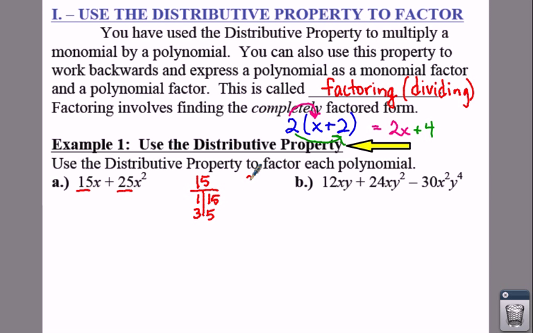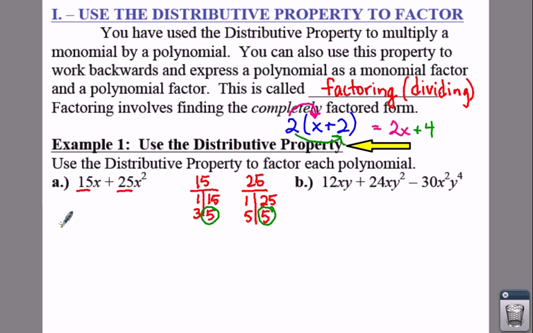If you list out your factors of 25, you have 1 times 25 and 5 times 5. Looking at the two lists, you find the largest number they have in common. There's no 15 in common, no 25 in common. Here I have a 5, and I also have a 5. In fact, I have two 5s, but you only want to pair up one.